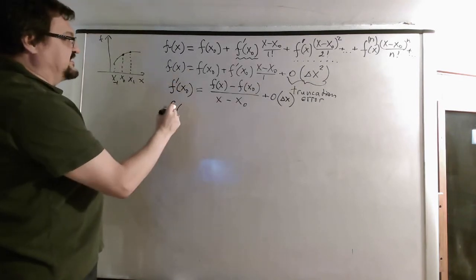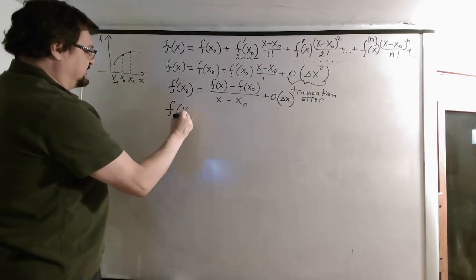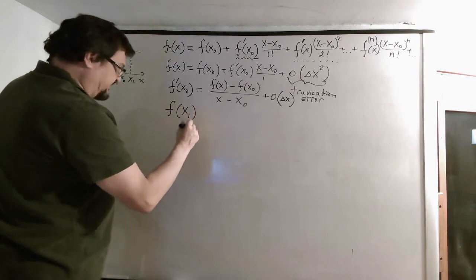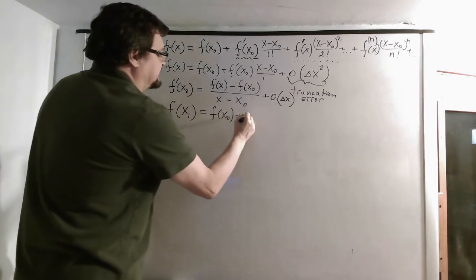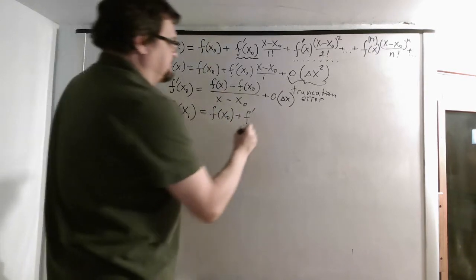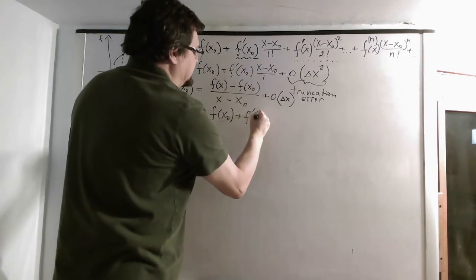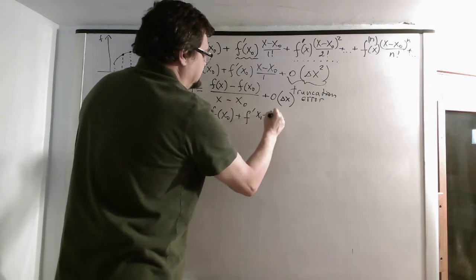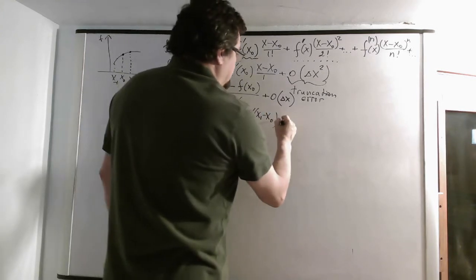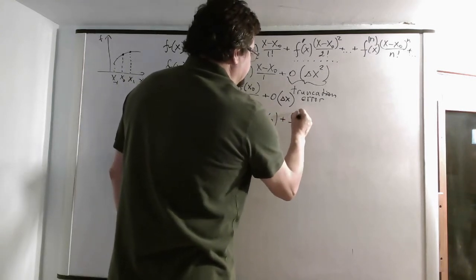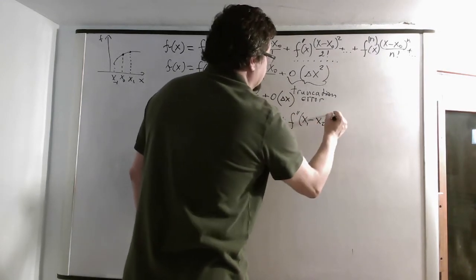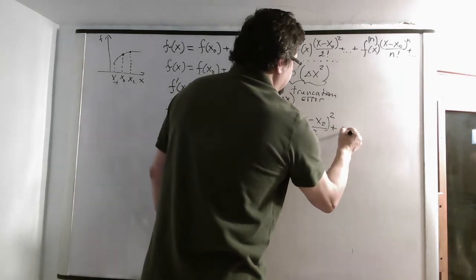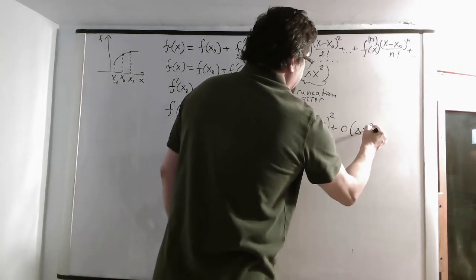So we know this expression for x1, it's equal to f(x naught) plus our derivative that we want, times x1 minus x naught, plus second derivative times (x1 minus x naught) squared divided by 2, plus o(delta x cubed).